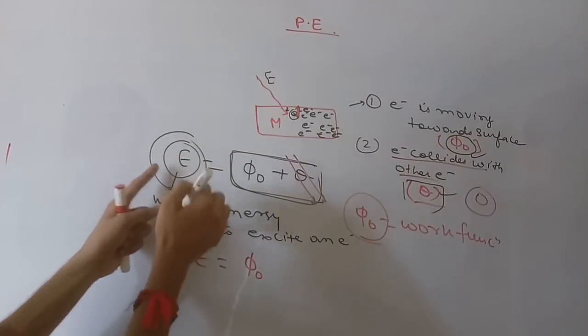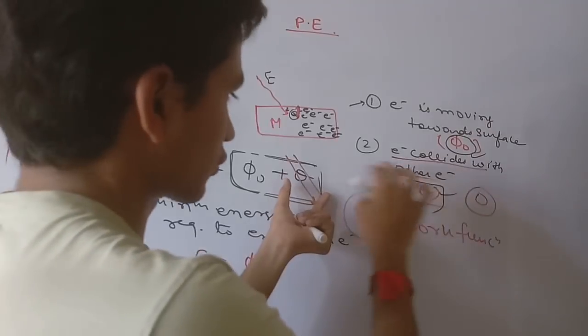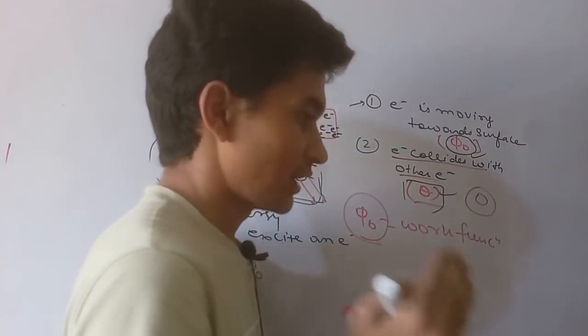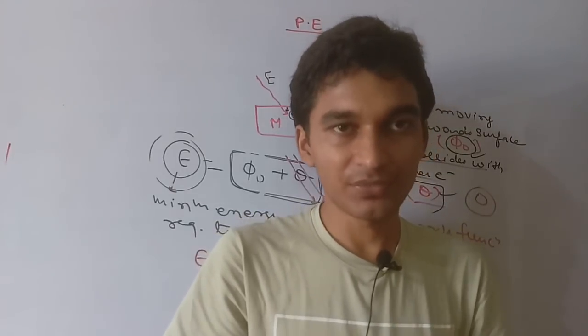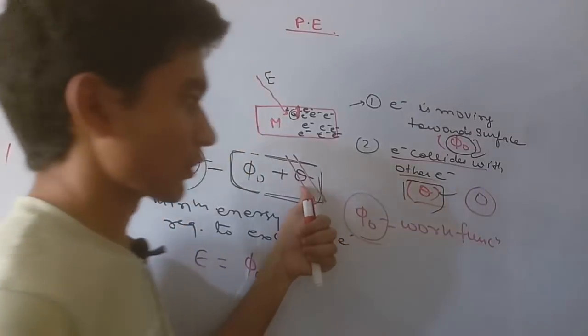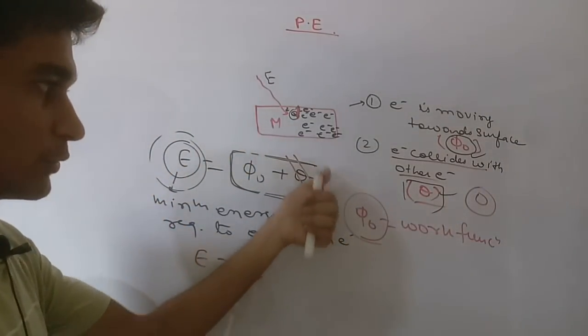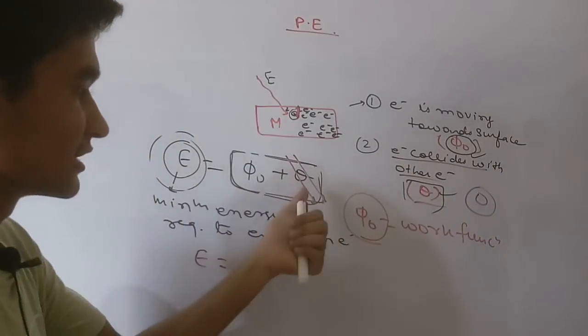This was the minimum energy, but this equals this because we are assuming that electrons do not collide with other electrons. But in questions, if you are provided with data that the electron collides with other electrons and wastes energy, then you must consider this part also. Mind it, if you are provided any data for this type of energy, then you must consider this formula.